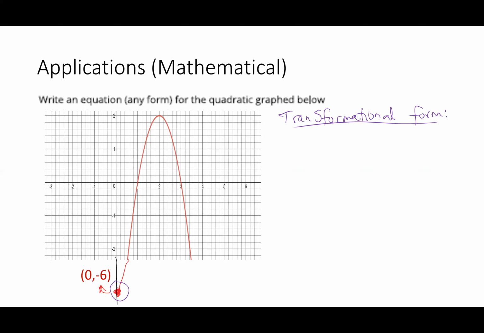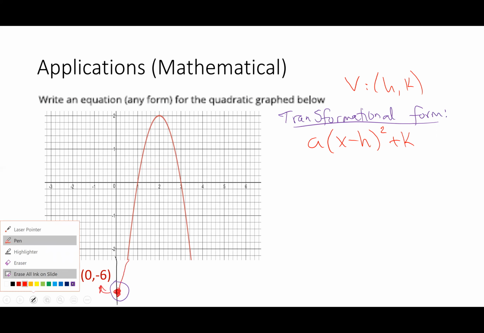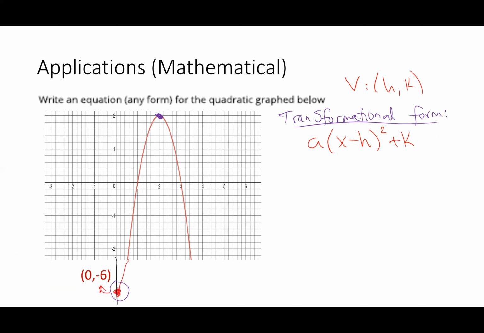The way that our transformational form looks, and as a reminder, the vertex is the coordinate pair h, k. So identify the vertex. Here's our vertex. Our coordinate pair is 2, 2, which means that my h value is 2.